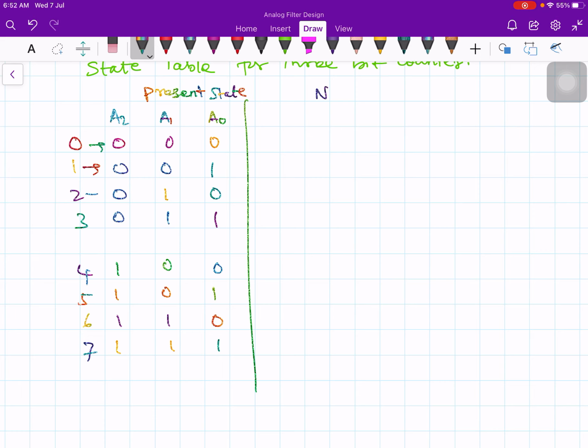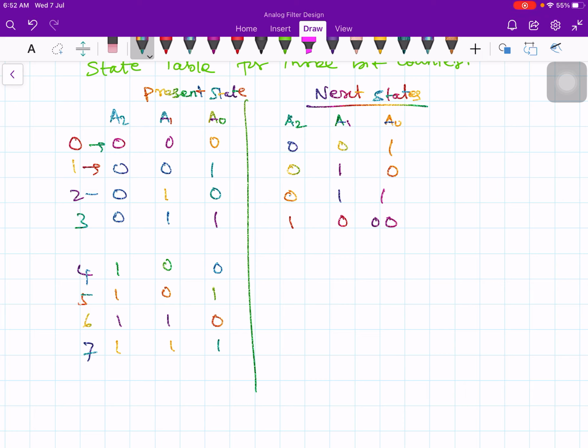So the next states are going to be, let's say this is A2, A1, A0. When you are in state 0, 0, 0, the next state is 0, 0, 1. Then fill it up as usual. When you are in state 1, the next state is going to be 2, 0, 1, 0, 3, 0, 1, 1, 4, 1, 0, 0.